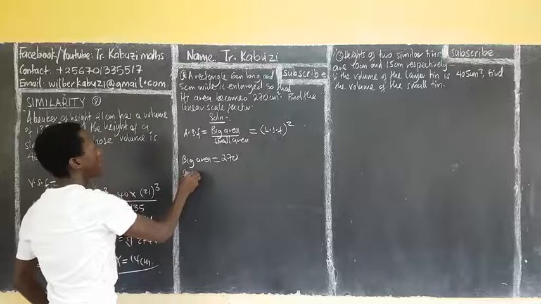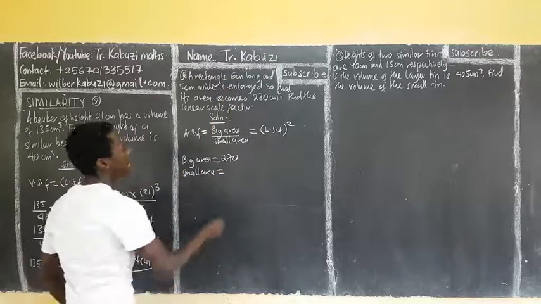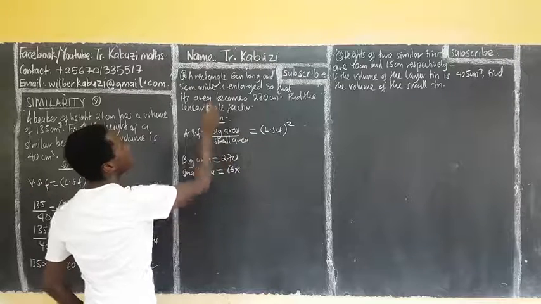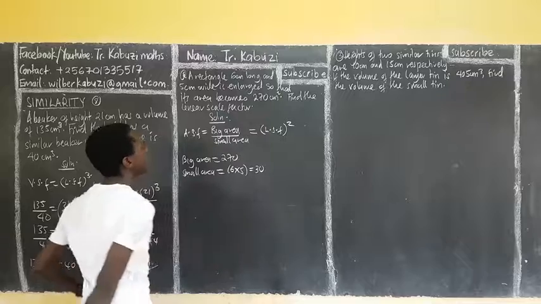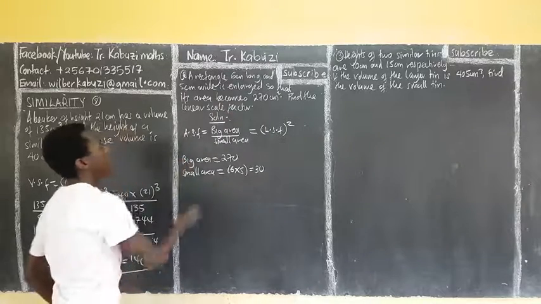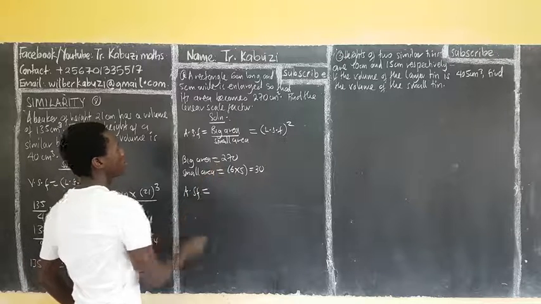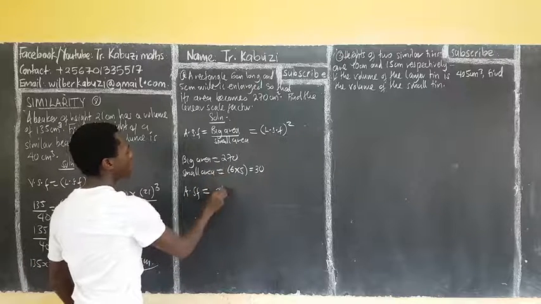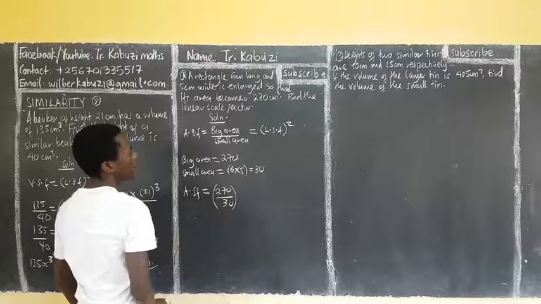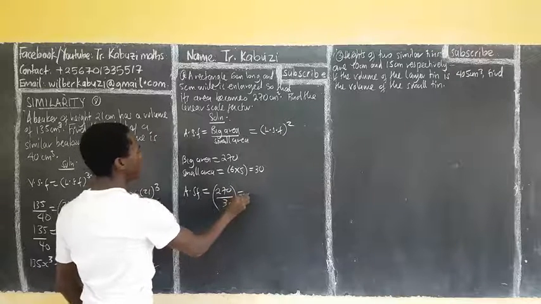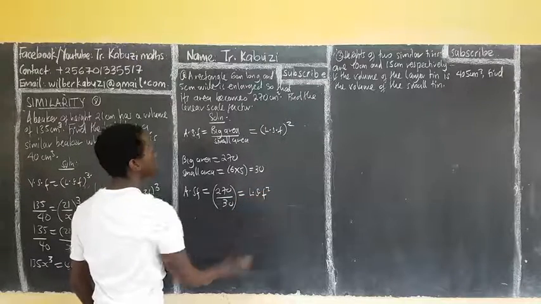Then the small area is going to be the one before it was enlarged, which is 6 times 5, the area of this rectangle, which will be 30. Meaning that now my area scale factor will be equal to 270 over 30. But the whole of this is going to be equal to the linear scale factor squared.